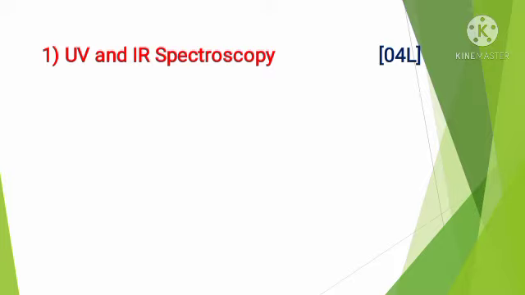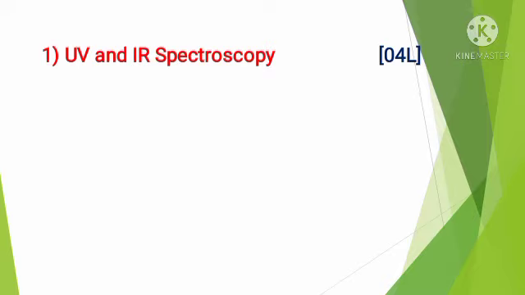Now first we will discuss unit number first, UV and IR spectroscopy, which has 4 lectures. UV means ultraviolet spectroscopy and IR means infrared spectroscopy.